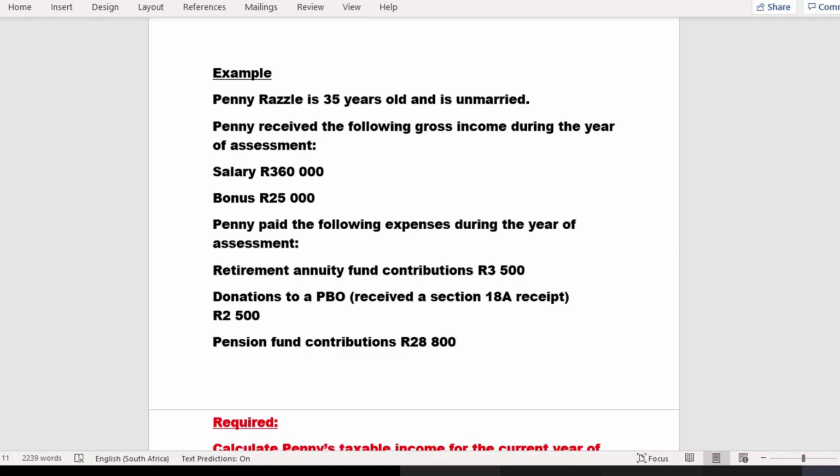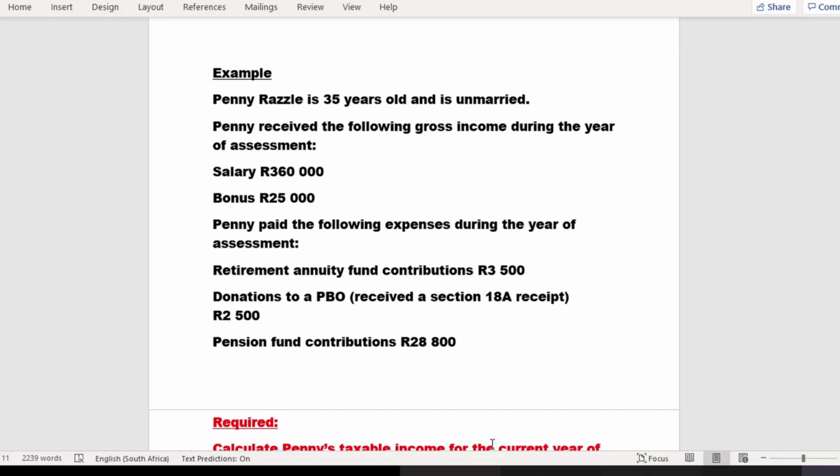Penny received the following gross income during the year: a salary of 360,000 rand and a bonus of 25,000 rand. Penny paid the following expenses during the year of assessment: retirement annuity fund contributions of 3,500 rand, a donation to a PBO for which she received a Section 18A receipt of 2,500 rand, along with pension fund contributions.